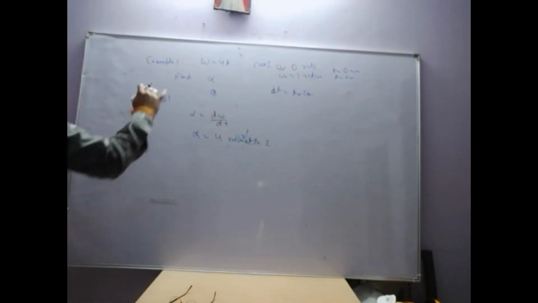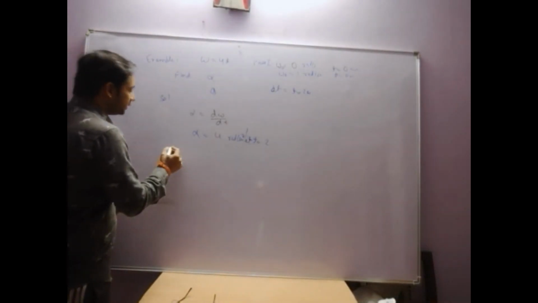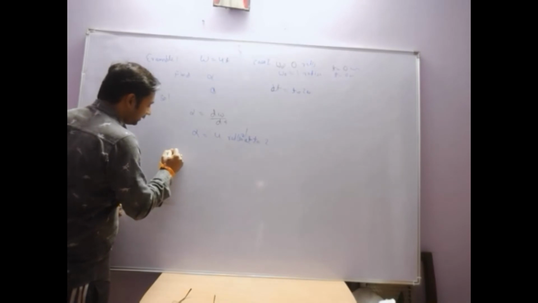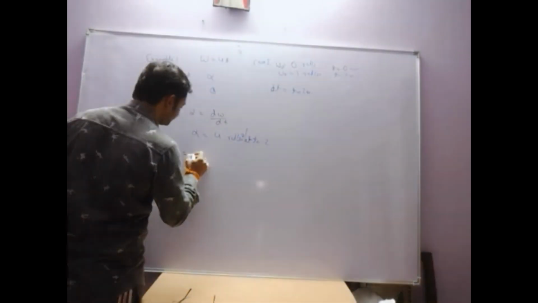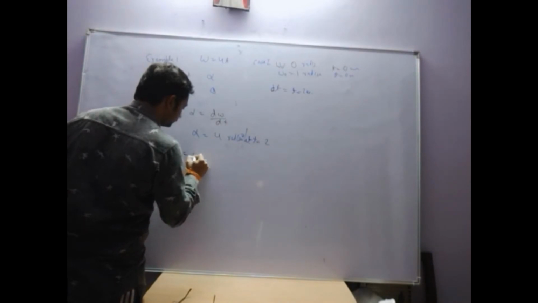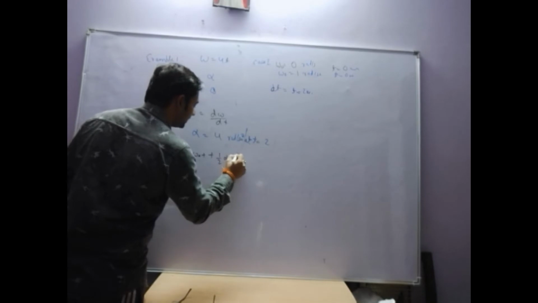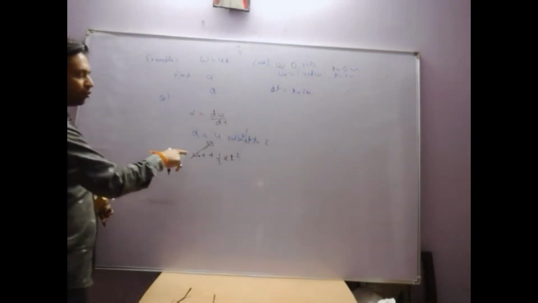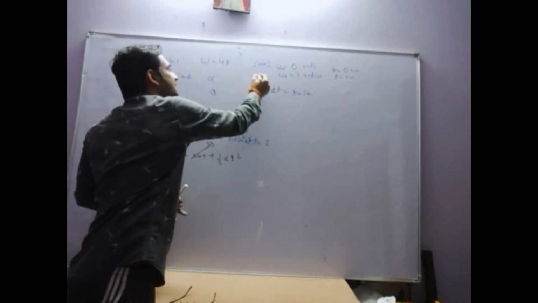For case first, we apply the second equation of motion, del theta is equal to omega naught t plus half alpha t square. The first term is 0 because omega naught is equal to 0 in case first, this is case 2.